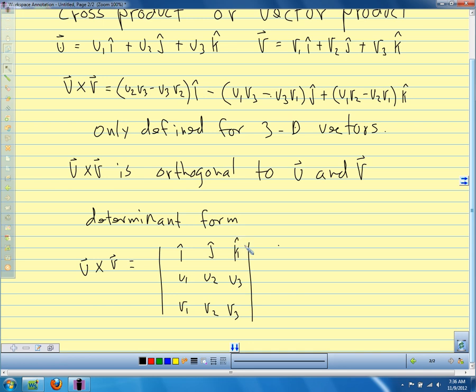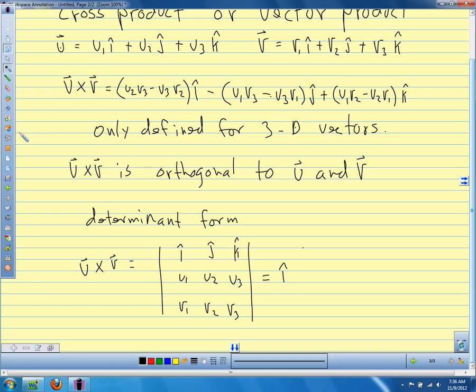Is everybody familiar with how to calculate determinants? Methods of calculating determinants? Kind of. The one that I think is most common is this: I times, and what I do is I cross this row and this column out and multiply these two together.